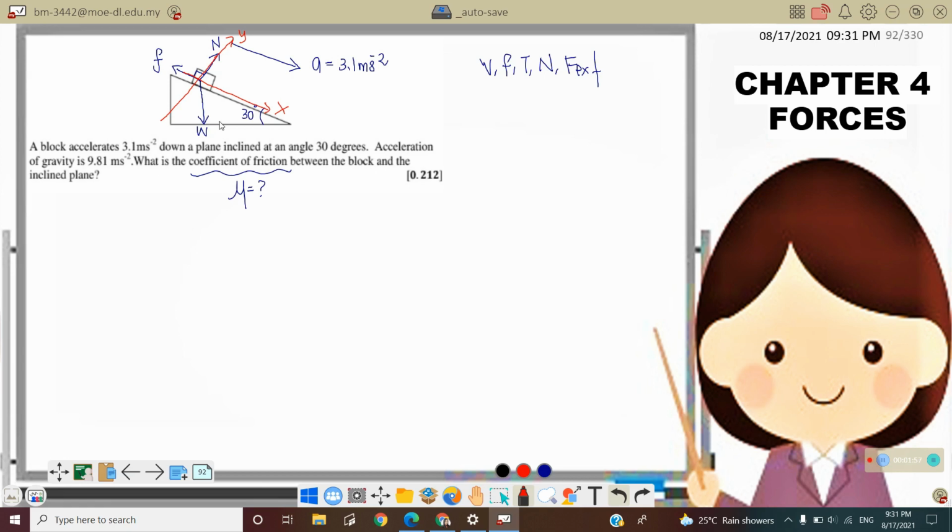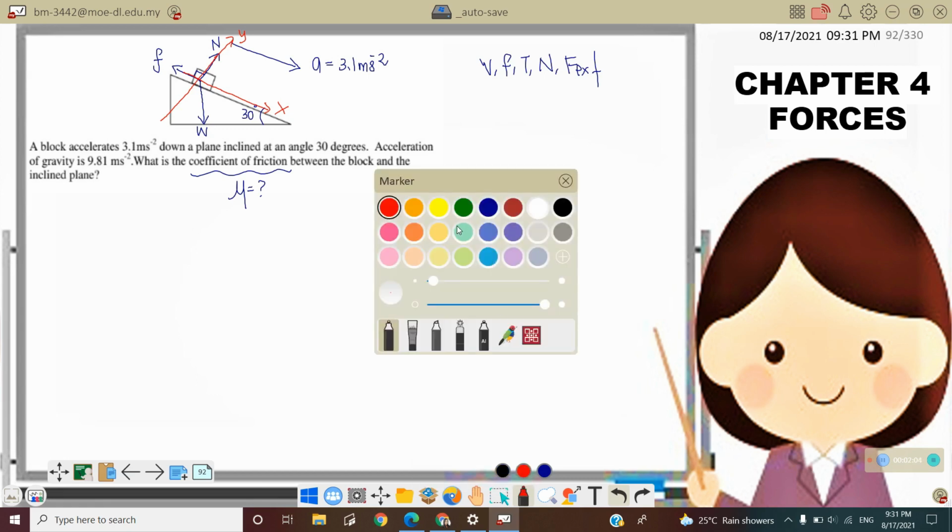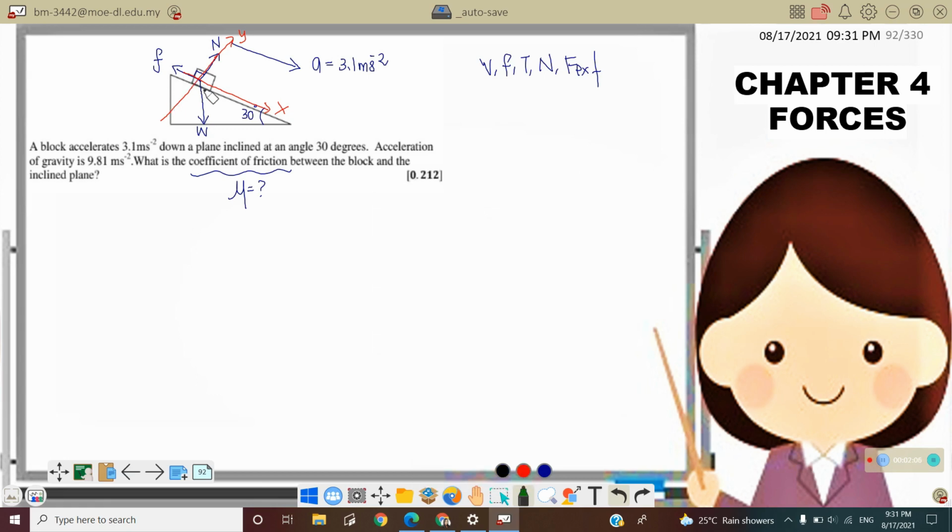For our weight, we can resolve it into X and Y components, where the angle here is equal to 30 degrees as well.